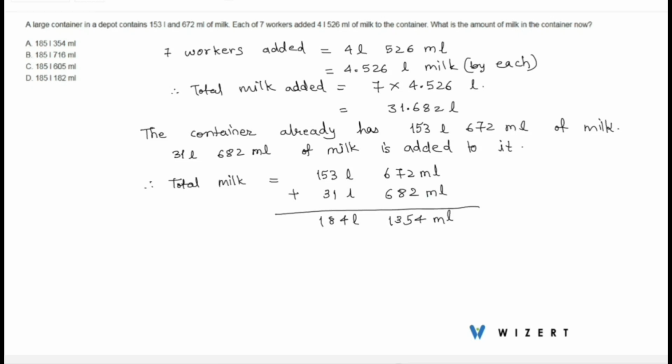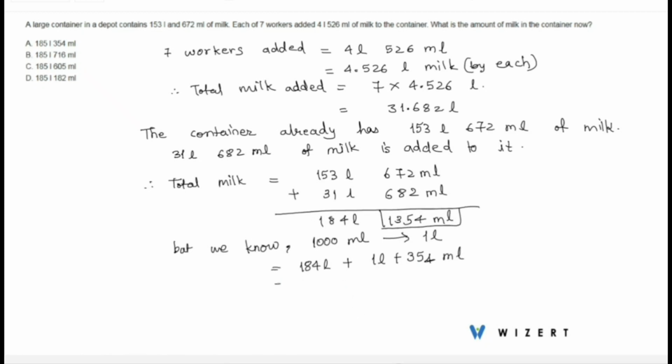But if we observe, we know that 1000 ml make 1 liter, and if we observe the addition of the milliliter part, it has exceeded the 1000 mark. So this can be written as 184 liters plus 1 liter plus 354 milliliters.